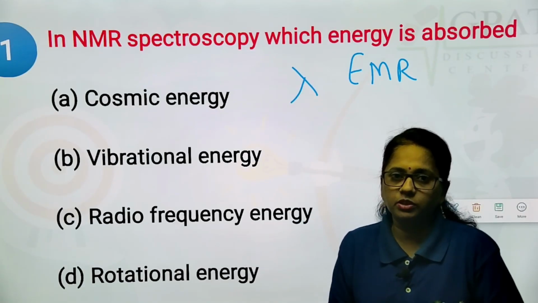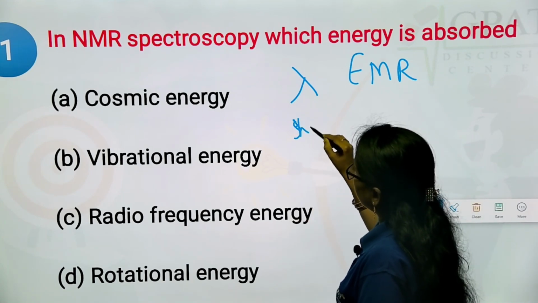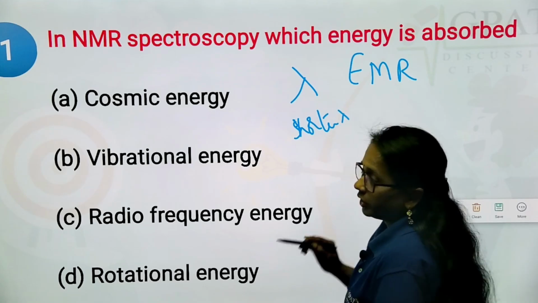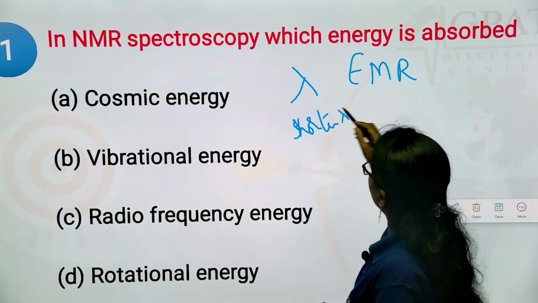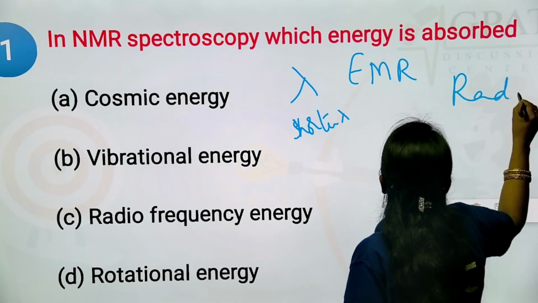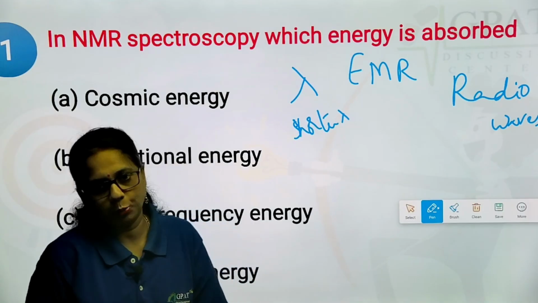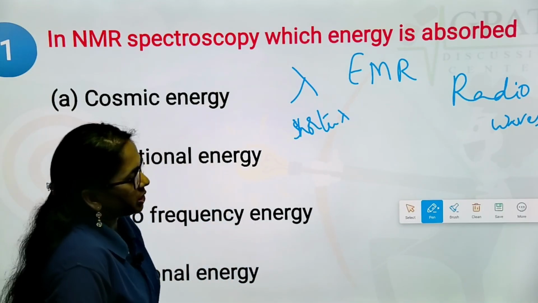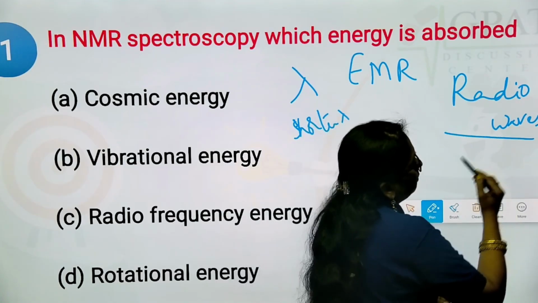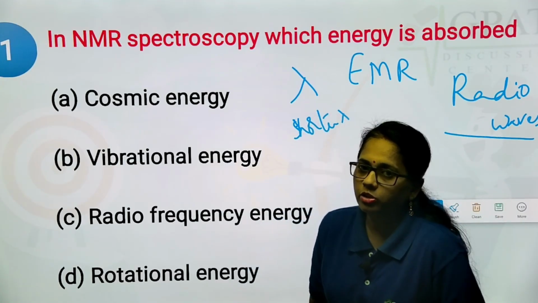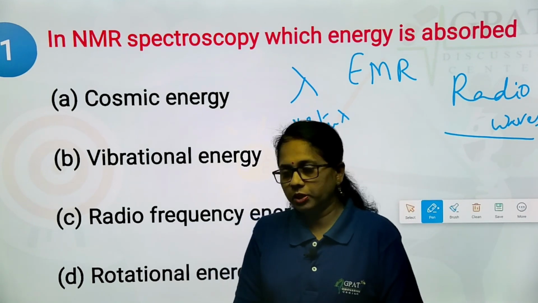Cosmic rays have shorter wavelengths but very high energy and high frequency, whereas radio waves have longer wavelengths but less energy. In NMR spectroscopy, the electromagnetic radiation we give is nothing but radio waves, which are generated by a radio frequency generator.